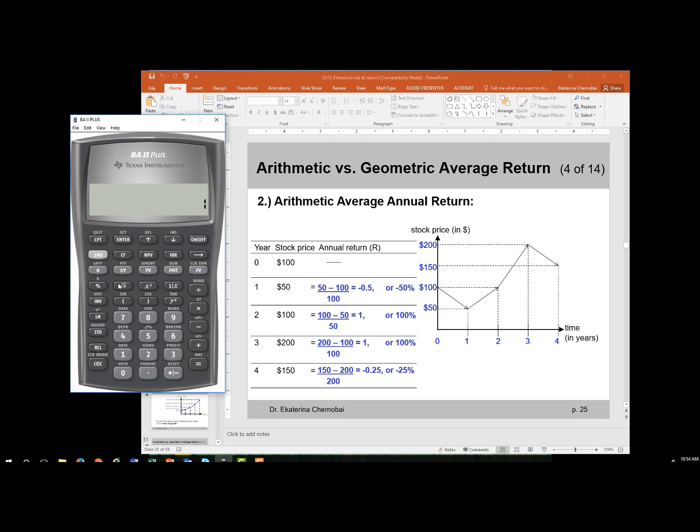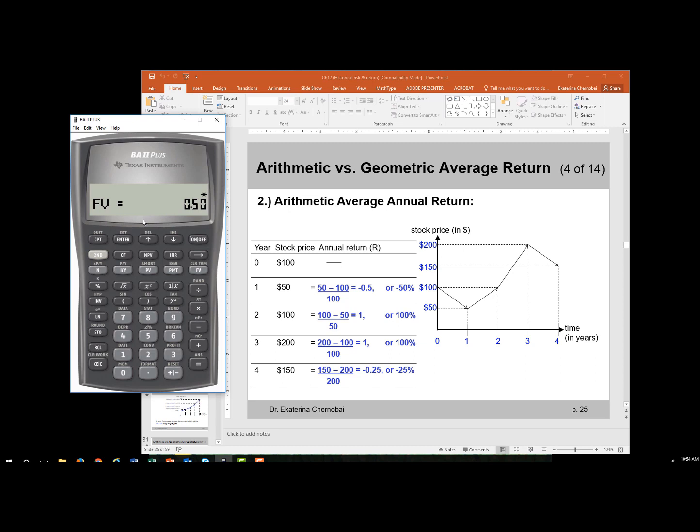So 1 is your N. Negative 50% is your return, IY. How much will you have from your initial $1 at the end of the first year? Compute future value, 0.50. Kind of matches what we have, right? So that's at the end of year 1.